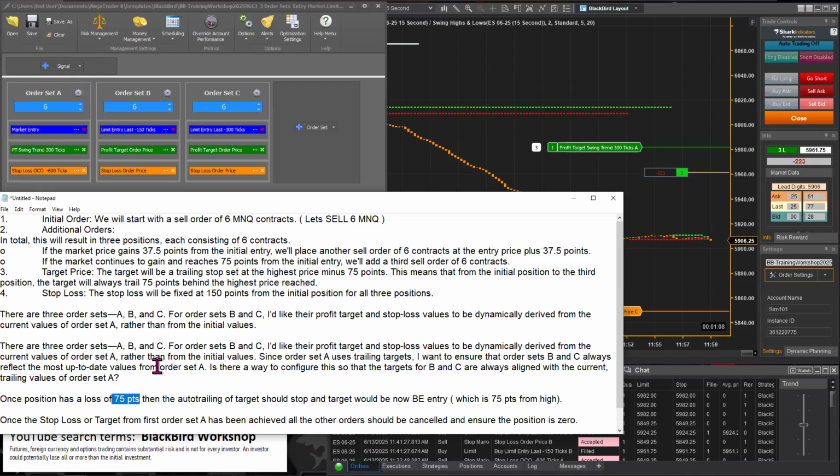So this is an element of the trailing rule here that I don't get asked about a lot. So I'm going to dive in and see what options we have available. So I'm thinking there are two ways we could do this. I can, let's see here.